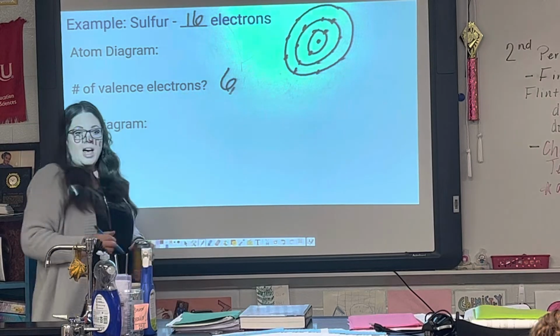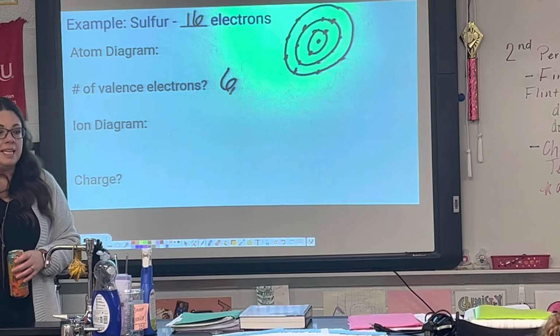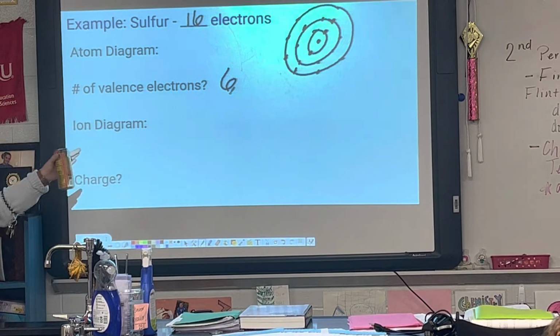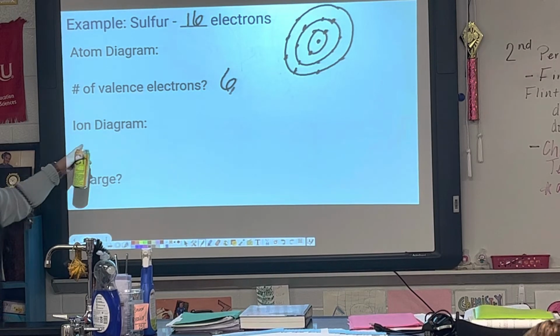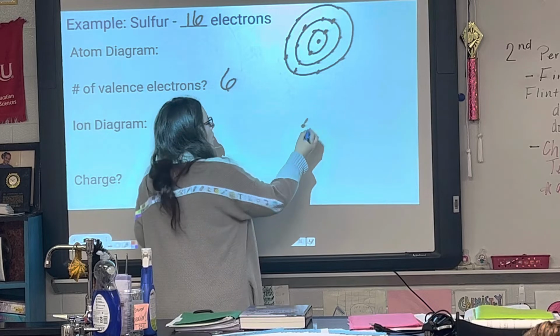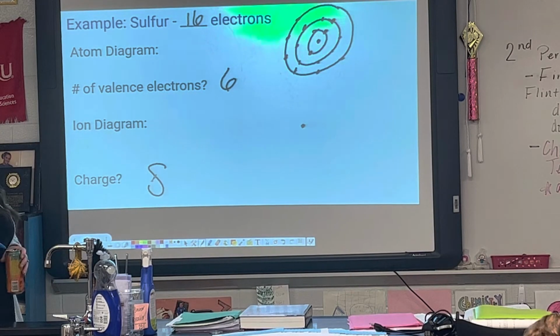We could also find that on the group number. So what's the group number for sulfur? 16. So for groups 13 through 18, what do you always have to remember to do to find valence electrons? Subtract 10.